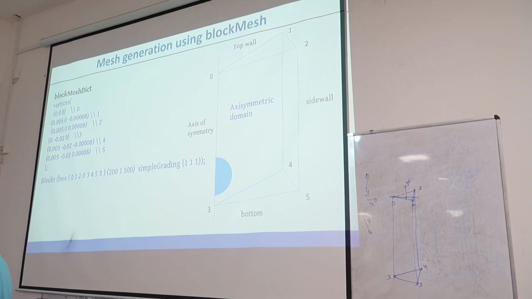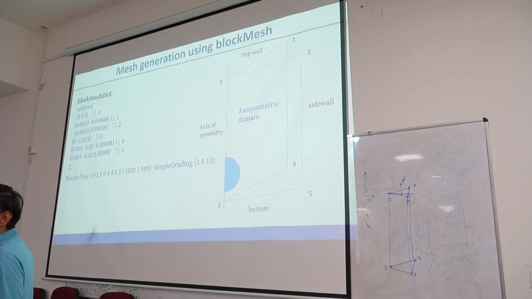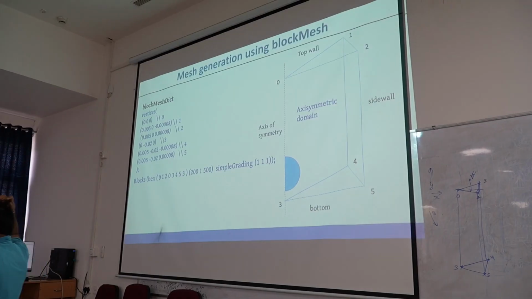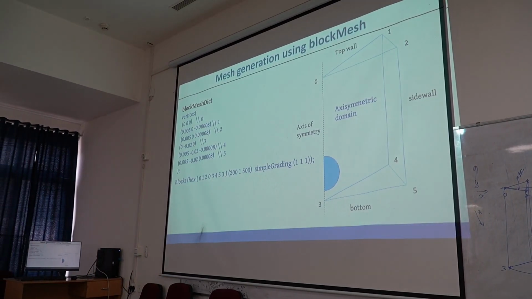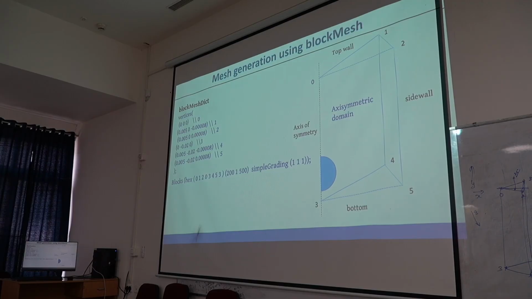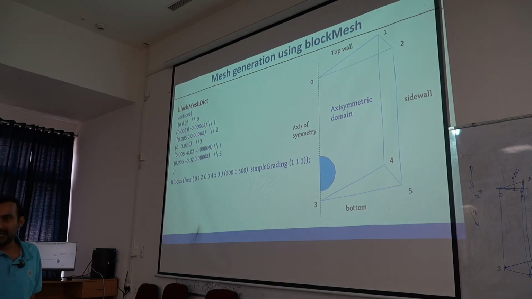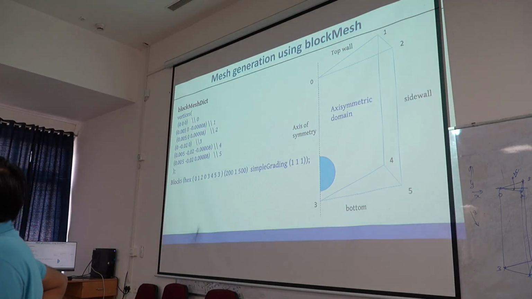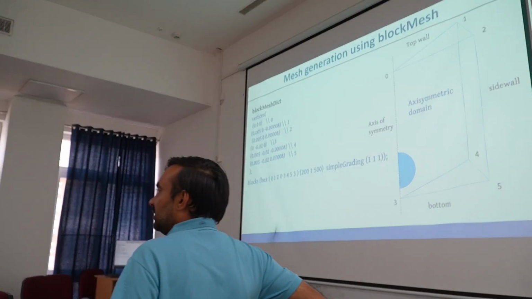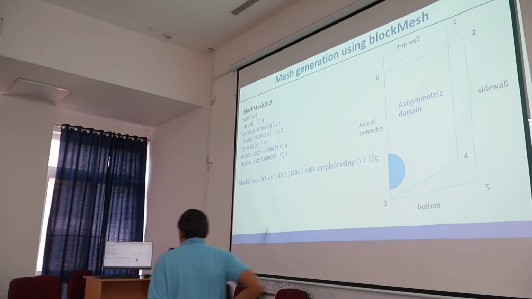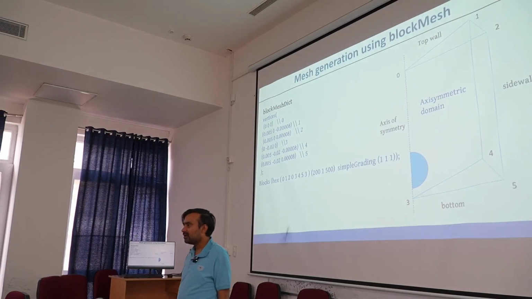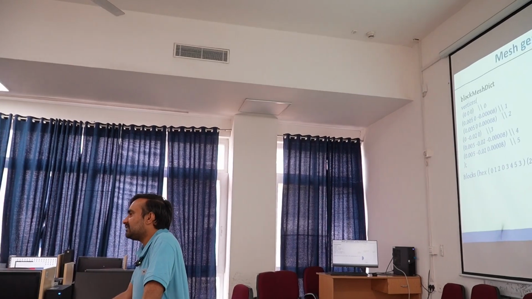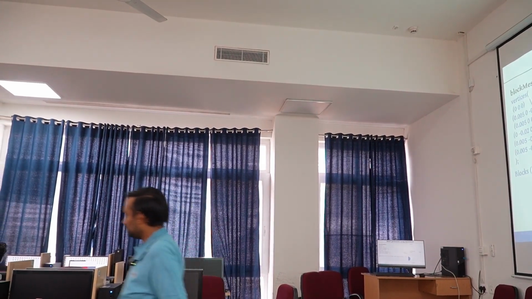So, this is how, if I have to create an axisymmetric simulation domain, what I need to do, all of you please copy the dam break folder and paste it in the same tutorial, and you can give the name, say bubble rise.